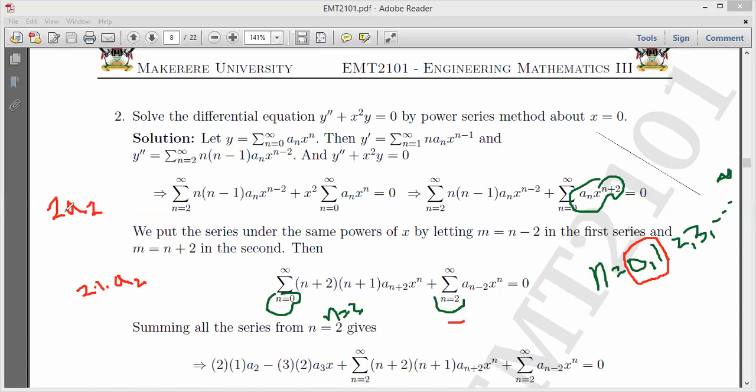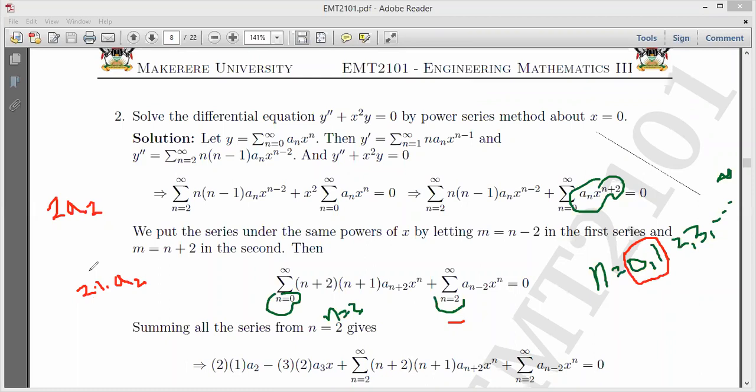So you have 2a2. Okay, Irumba has backed out. All right, as he backs out, for us, we continue.